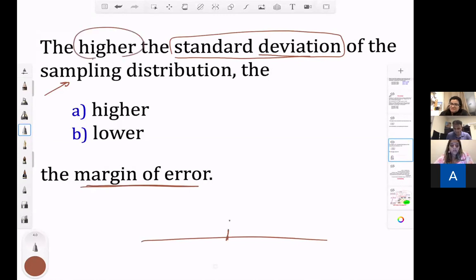The higher the standard deviation, that means our samples are going to be spread like this. This is going to be one standard deviation, which is going to be the standard error for the population. So it will be a higher margin of error. This is a lot of error.